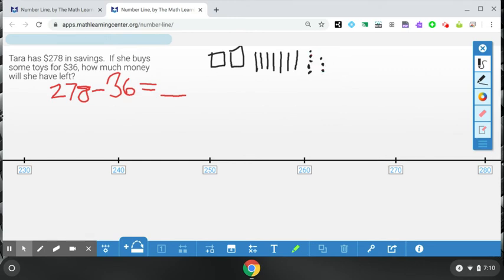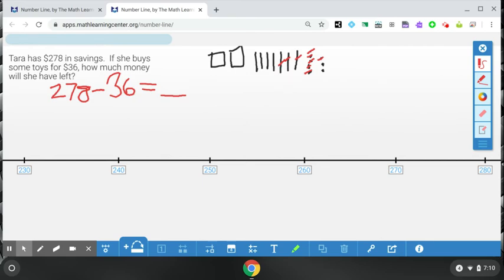And we know she's going to take away 36, because that's how much money she's going to spend. And if I look, I do have enough ones, so I don't have to do any regrouping, but I can take away my 6 ones, and then I have 3 tens to take away. Okay. There it is in base 10 blocks.